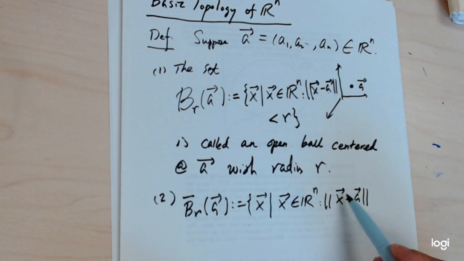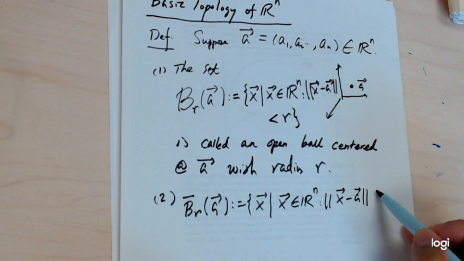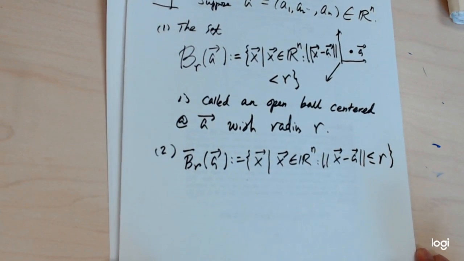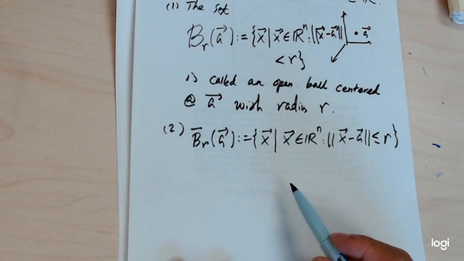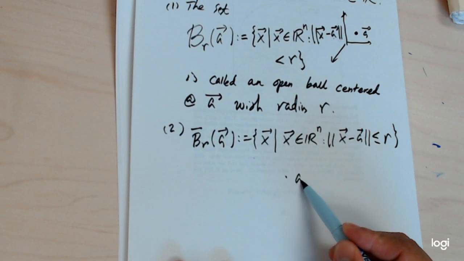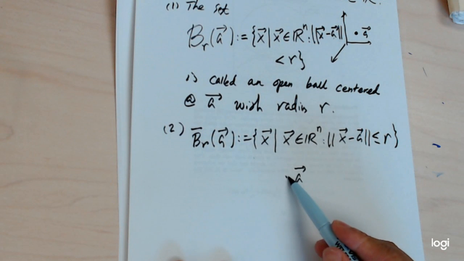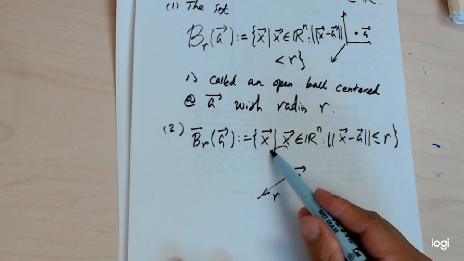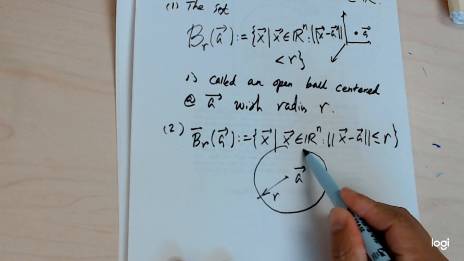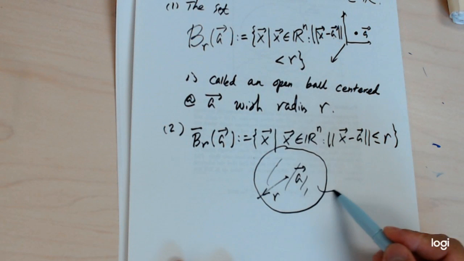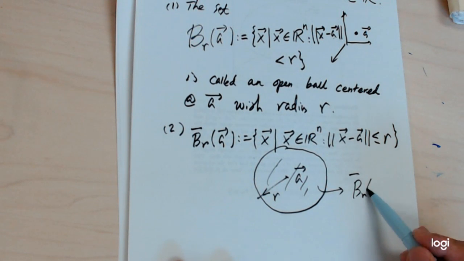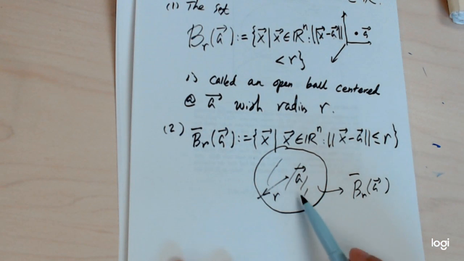So the distance from x to A is less than or equal to R. Once again, A here is any point in Rn, and R is the radius. So everything inside this is a ball, a closed ball actually, if you include the boundary. A is the center.